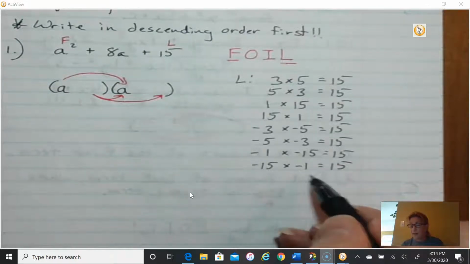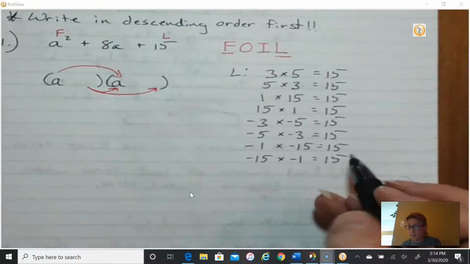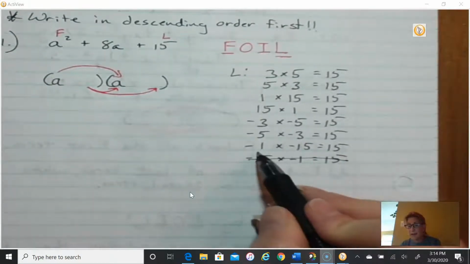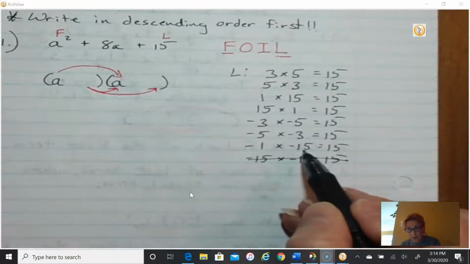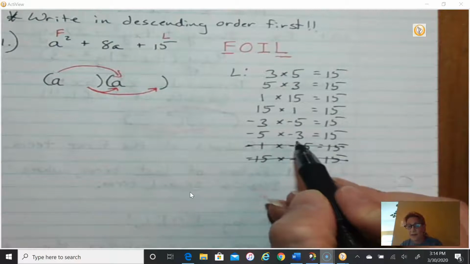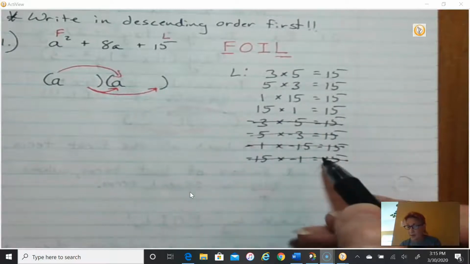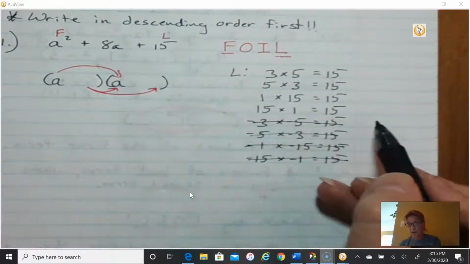Does -15 and -1 give you 8? No. Does -1 and -15 give you positive 8? No. Does -5 plus -3 give you positive 8? No. That gives you -8. Same with this one. Does 15 plus 1 give you 8? No.